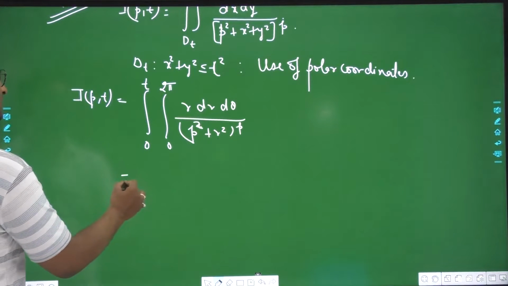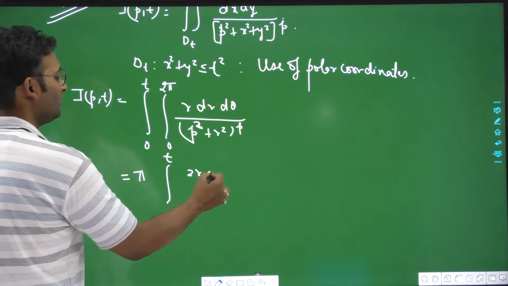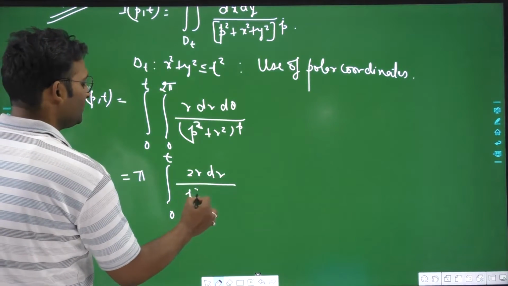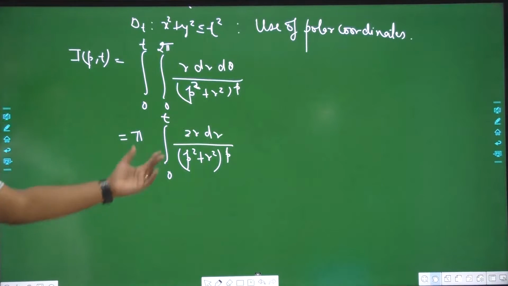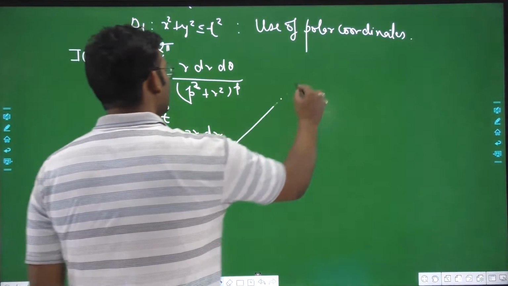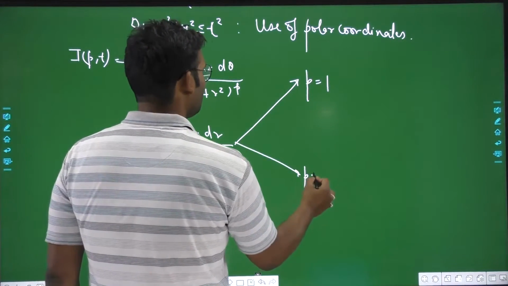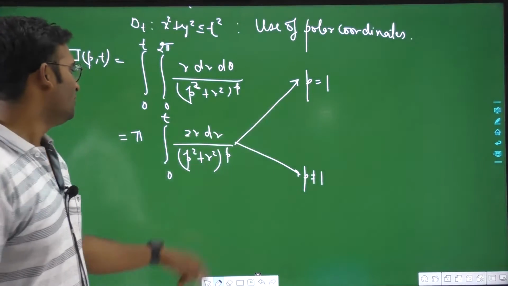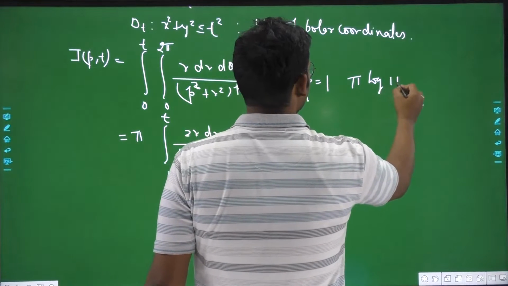So ultimately what you are going to get is pi times the integration from 0 to t of 2r dr divided by (p squared plus r squared) raised to power p. Now certainly you can generate two cases from here. One case can be p equal to 1 and the other case p not equal to 1. If p is equal to 1, then the answer will be pi log of (1 plus t squared).